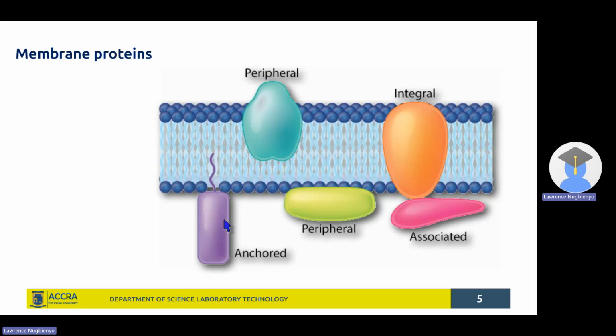So that protein is anchored on that lipid in the biomembrane. So those are the different types of proteins that we were looking at on the previous slide. This is a pictorial depiction of all those types of proteins.